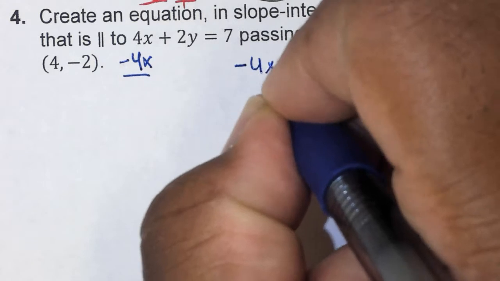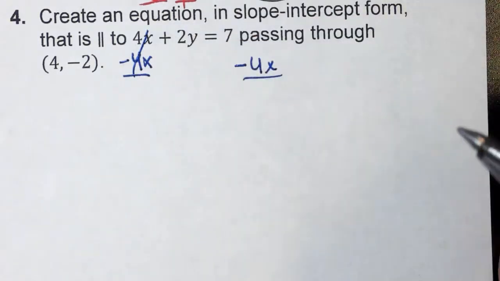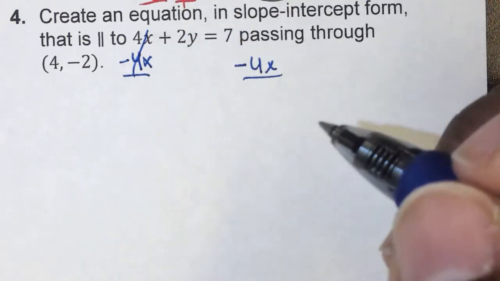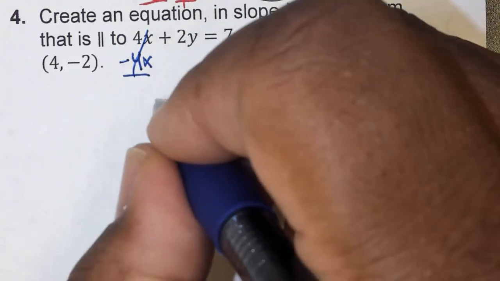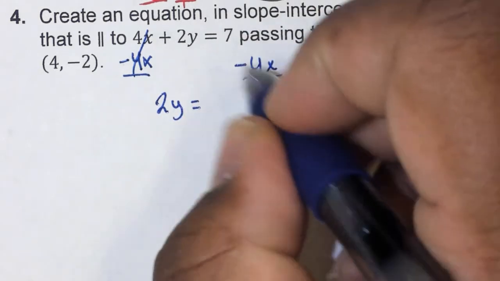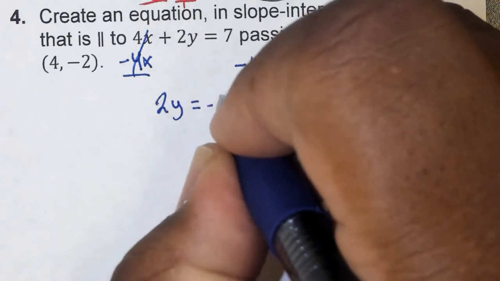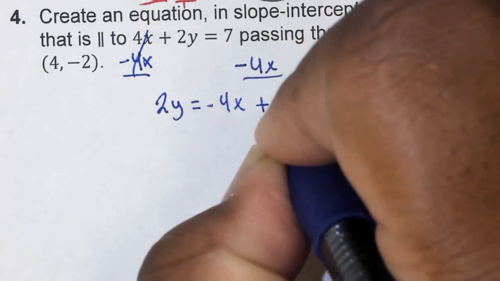Minus 4x. I'd say if you did your homework last night, you would know. Positive 2y, bringing that down. On this side, I told y'all how I like to do things, so I'm going to move the 4x in front. Minus 4x plus 7.